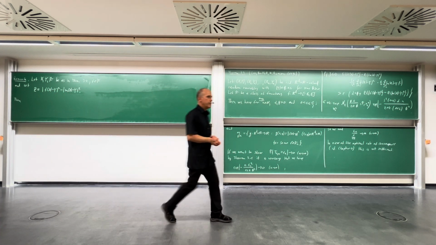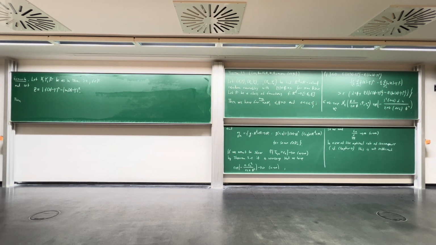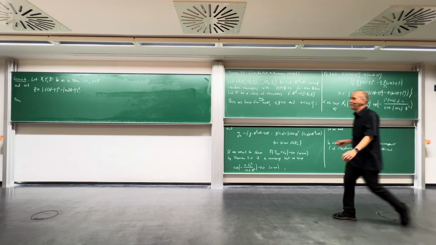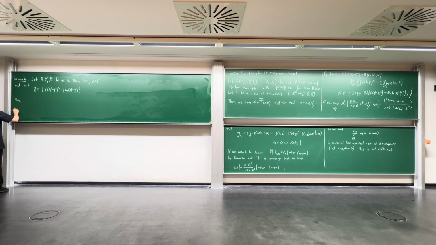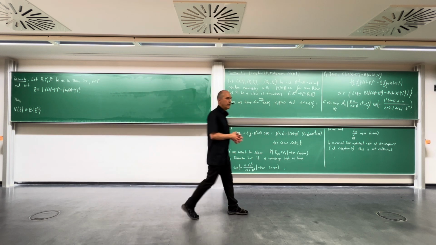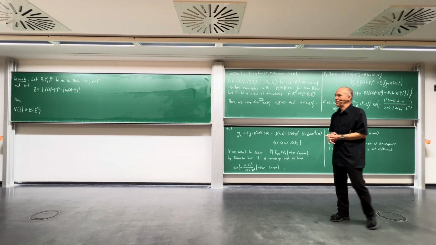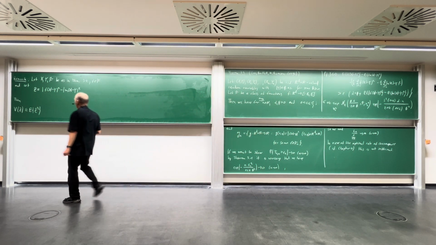Now I look at the variance of that, and you can make the following upper bound. The variance of Z is of course less than the expectation of Z squared. And for Z squared, you can apply the third binomial formula to Z. It's a squared minus b squared, so it's a minus b times a plus b.